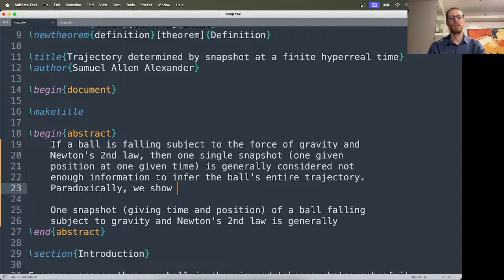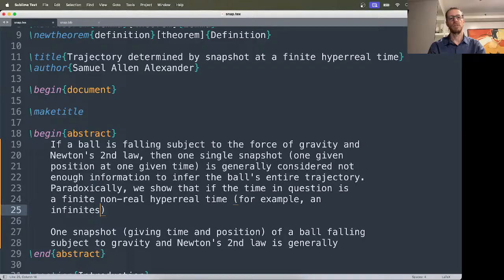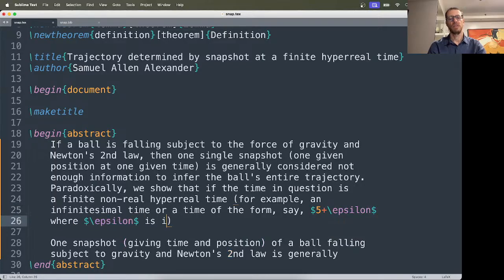Paradoxically, we show that if the time in question is a finite non-real hyperreal time, for example, an infinitesimal time, or a time of the form, say, 5 plus epsilon, where epsilon is infinitesimal.